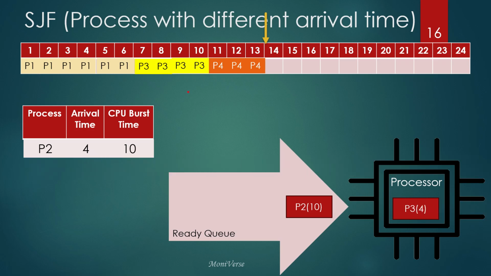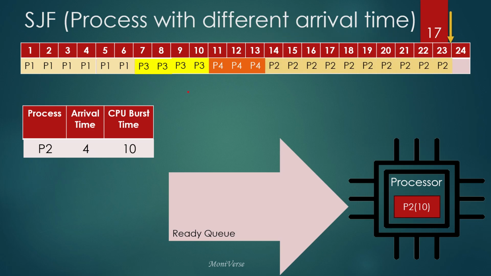Now P2 is the one and only process remaining in the queue. P2 enters into the processor for execution. As its burst time is 10 units of time, it is going to be executed for 10 units of time. So as we have imagined how the things are being executed, we have generated the Gantt chart also.